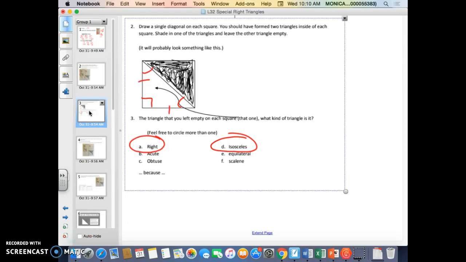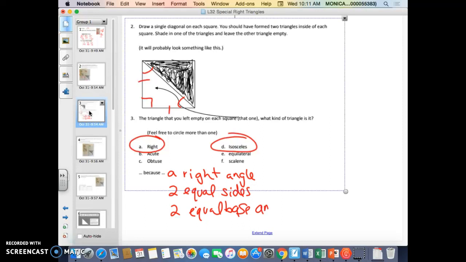This is not an equilateral, but it is a right isosceles because we have a right angle and two equal sides and two equal, and we'll call them base angles.